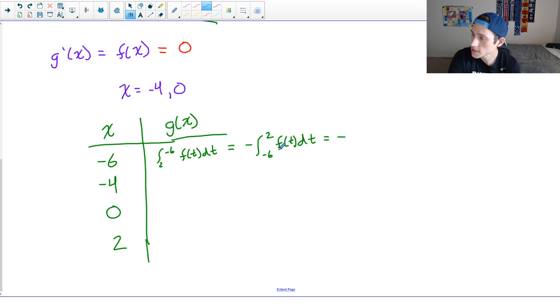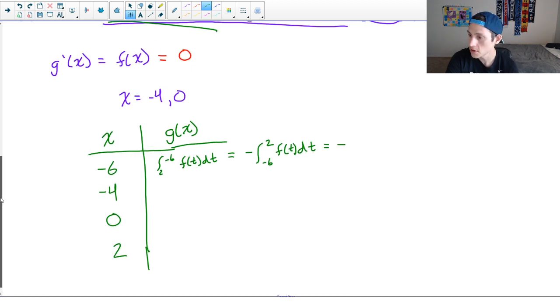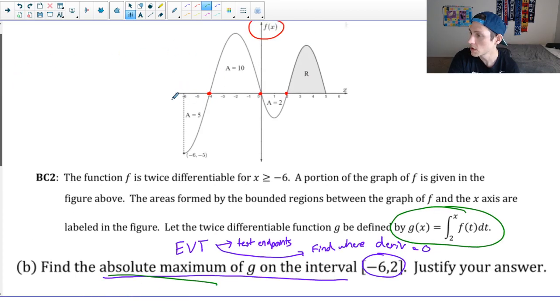Now, what is the integral from -6 to +2? Remember, one of the things that we can think about the integral as is the area under the curve from -6 to +2. So from -6 to +2, what is the area under the curve? Well, I've got a 5 down here and a 2 down here.